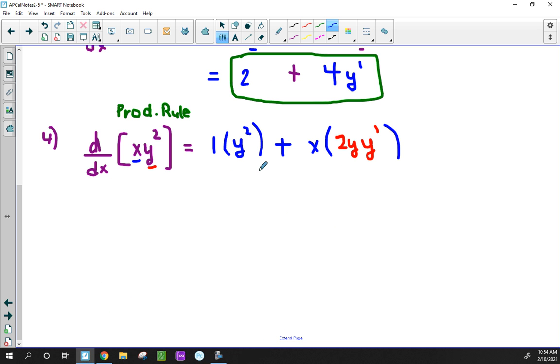So let me rewrite this. So the final answer, a good way to write it would be y squared plus, and I always try when there's a number involved to put it in front. So I'm going to do a 2xy y prime, and also try to put the letters in alphabetical order. So this is a good answer.